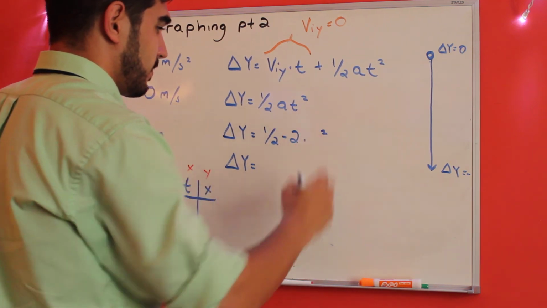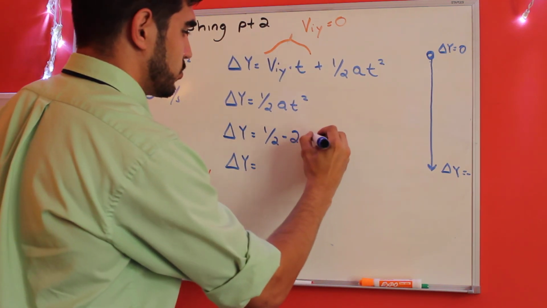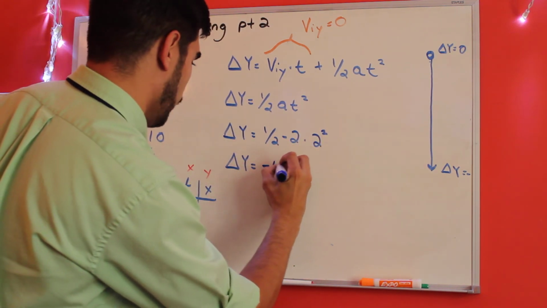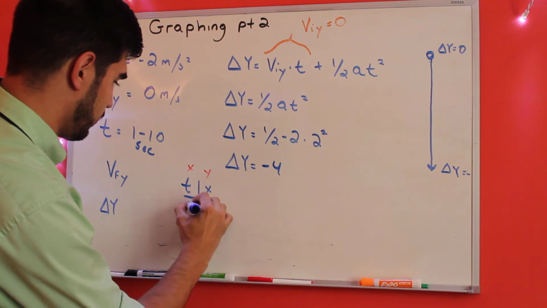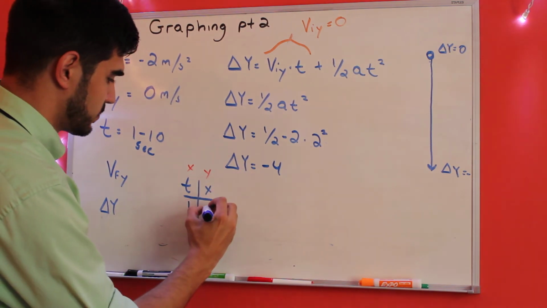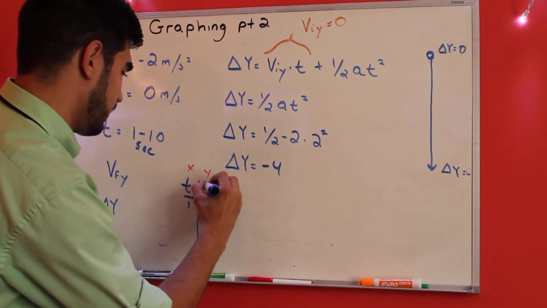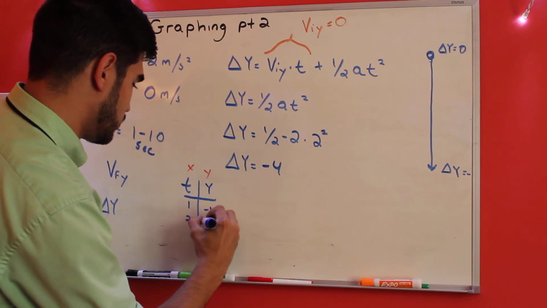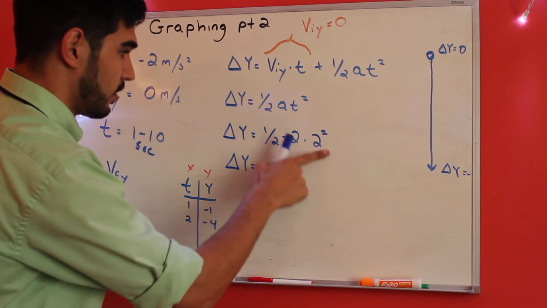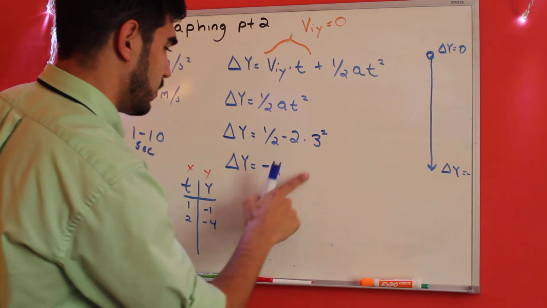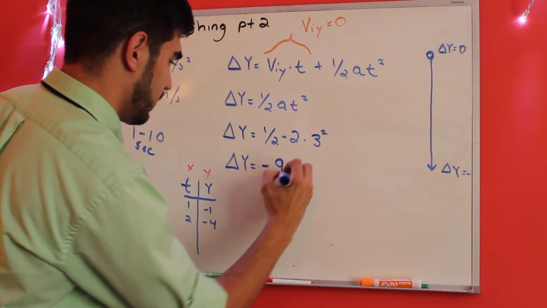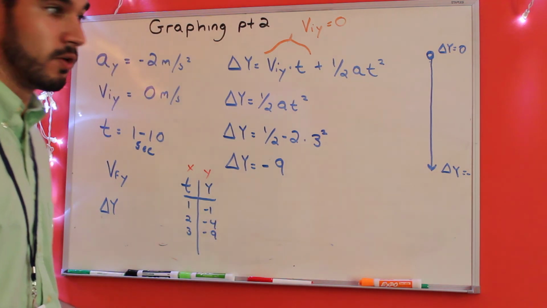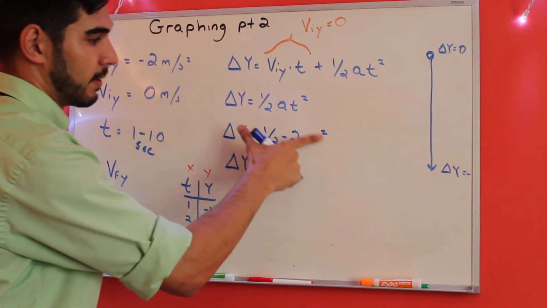But we'll say now t equals 2 seconds. So -1 times 4, we have -4. So far, when t equals 1, we have x, or I should put y here, y equals -1. t equals 2, y equals -4. t equals 3, y equals -9. And it goes so on and so forth, I think you're going to pick up on the pattern.